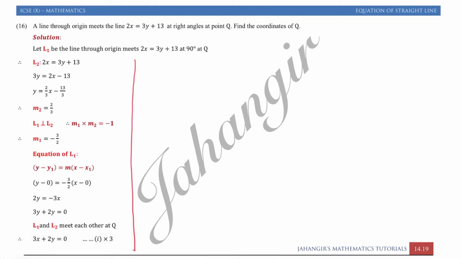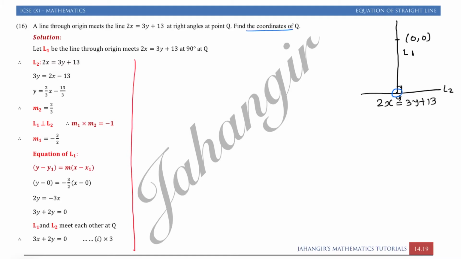A line through origin. Our line is passing through origin. Origin is 0, 0 and meets another line. This required line we can call L1. The given line you can call L2, which is 2x is equal to 3y plus 13, at right angle at point Q. The point Q is the intersecting point of both lines.